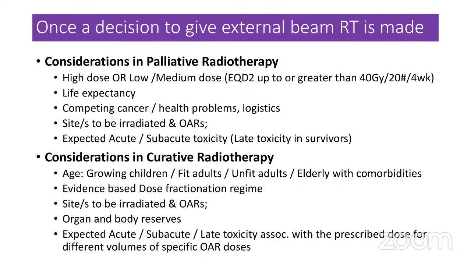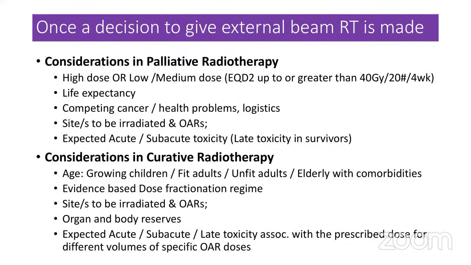Then you also have to look at what the competing cancer or health problems with the patient are, and the logistics, how many times they can travel. So you may have to use hypofractionation. Because you're using hypofractionation to reduce the patient's travel, and you're using a high dose per fraction, and you think the patient will live for a year or longer, you may have to use more stringent planning.